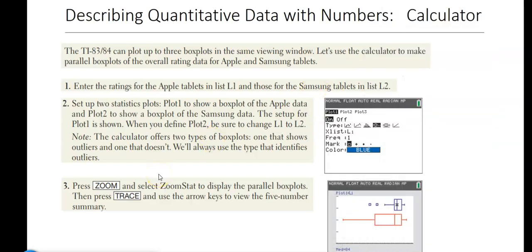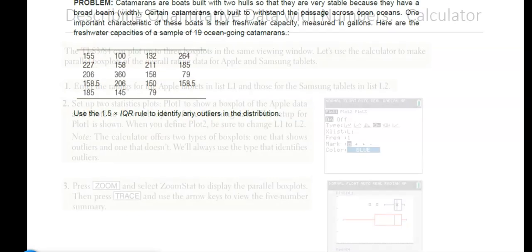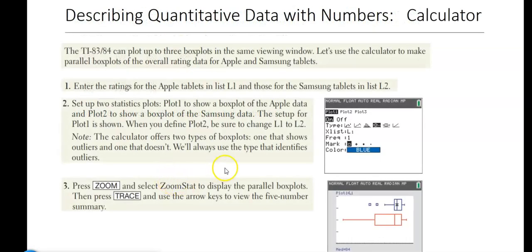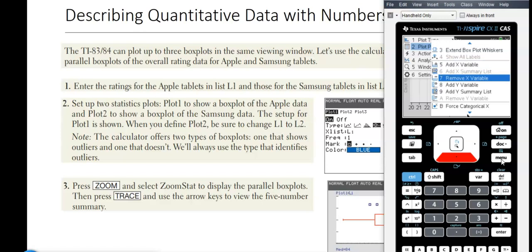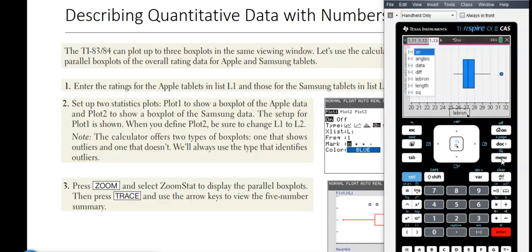They're not hard to create by hand if you have the 5-number summary. The 5-number summary is the key, actually. You can do parallel ones, I think the way you do that is you right-click on X, or you could go to menu, plot properties, add X variable. If you do that, you can add another X variable.